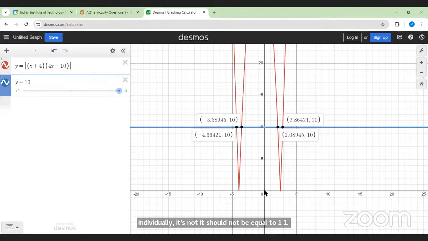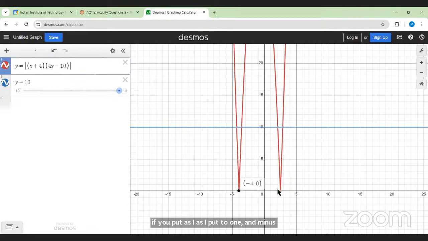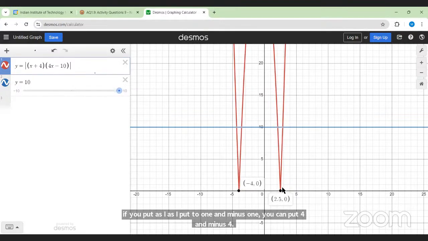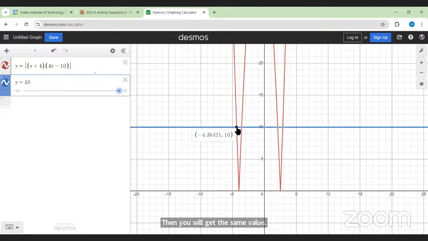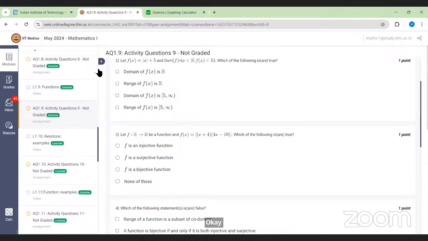So if you put 1 and minus 1, you can also put 4 and minus 4 and get the same value. No, not 4 and minus 4, there should be something else. Okay, so many values give the output 10. So that's why it's not injective.